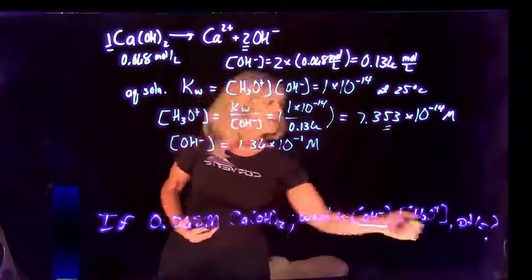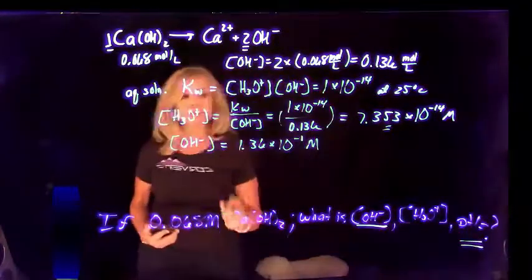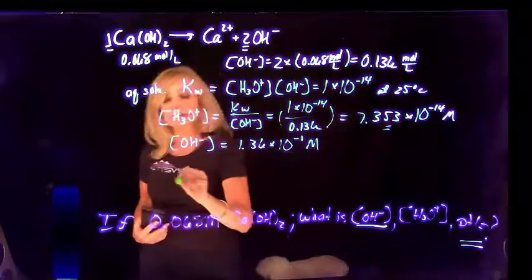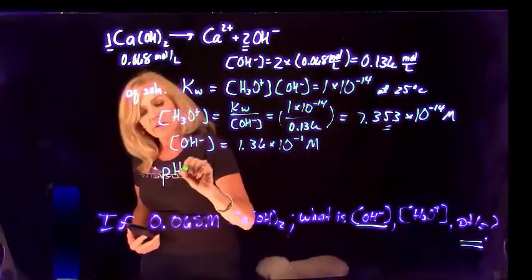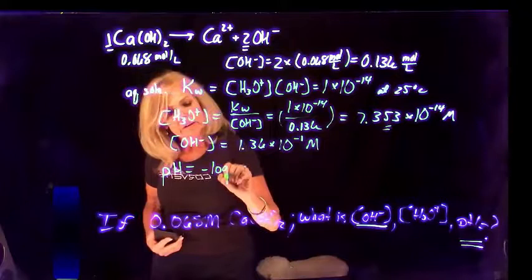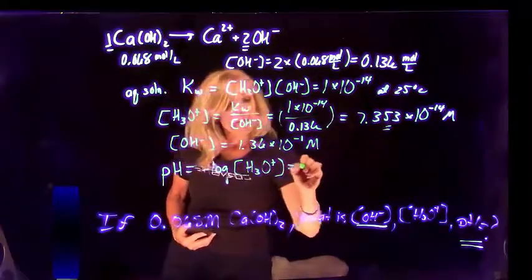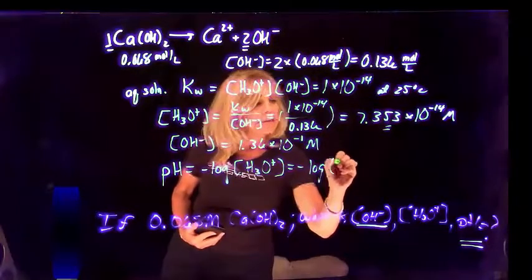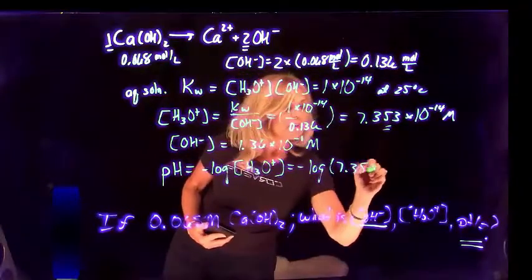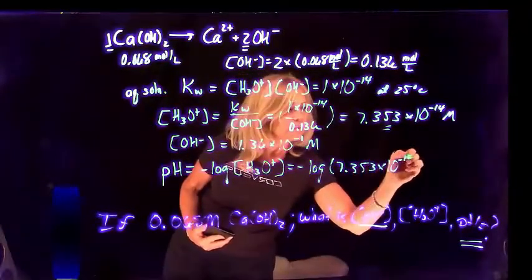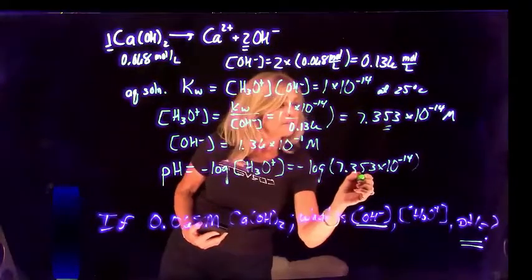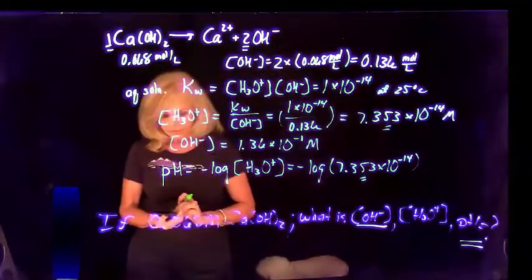Okay, final question, what is the pH? I do have a hydronium ion concentration. pH is negative log of the hydronium ion concentration. Negative log 7.353 times 10 negative 14 molar. Last sig fig is here.